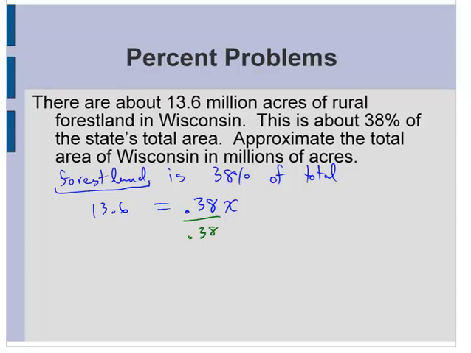Dividing through by 0.38 and going through our division process, we don't like to divide by a decimal number, so I will move the decimal place to the right 2 spaces. Do the same thing here. Bring in a 0, and there's my decimal point. 38 won't divide into 13.